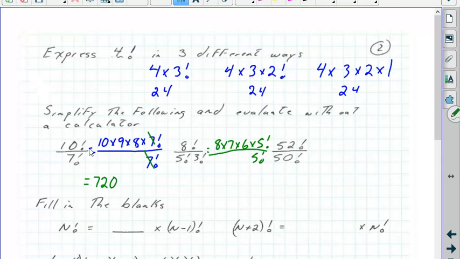And then in my head, I'm going to do 3 times 2 times 1. 3 factorial is 6, so our bottom can be written as 6 times 5 factorial. Once again, we have the 5 factorials crossing off, and the 6's crossing off. The answer here is 56.